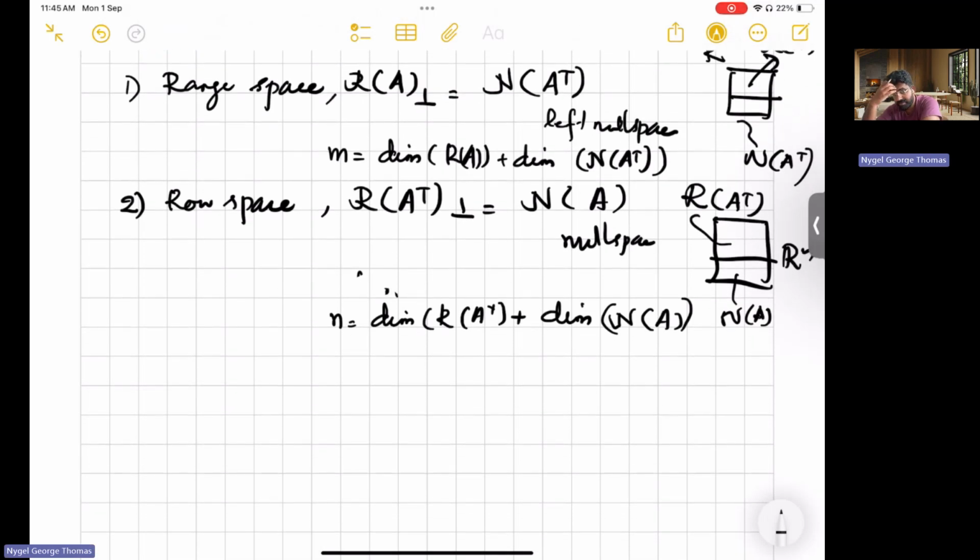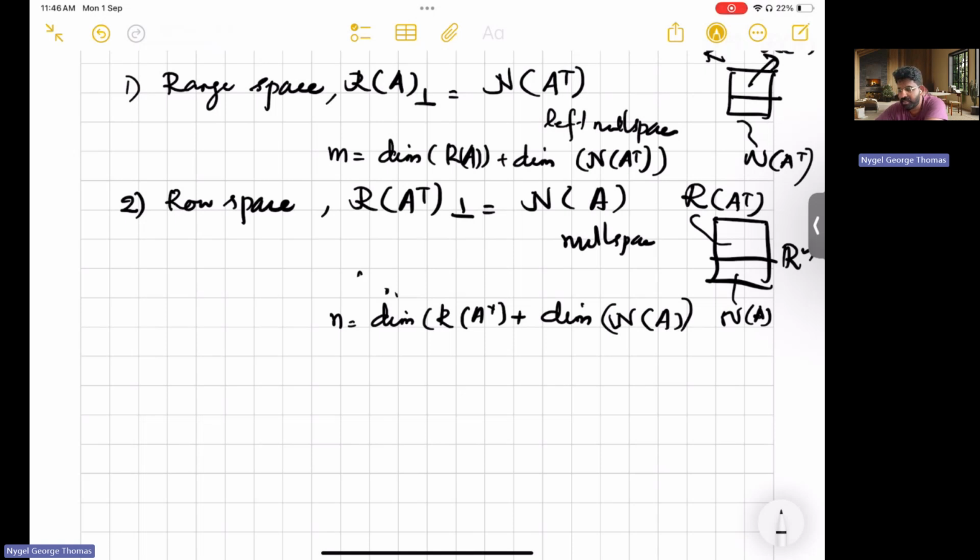Can we say this? Yes, we can say this, because they're complementary spaces. We've already seen that a vector from the complementary space of another vector space can't be spanned by the vectors in the other space. So we have to add a dimension to bring in the new vector.